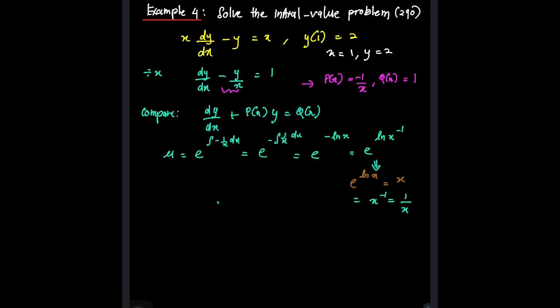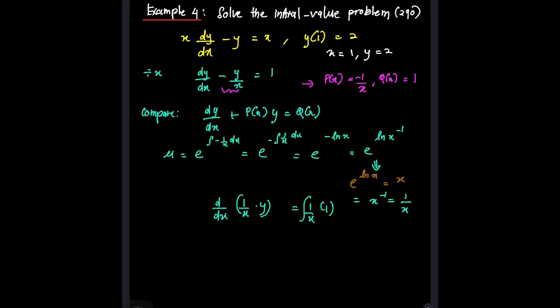The next step, you will have d over dx of 1 over x times y, equivalent to mu times q(x). So your mu is 1 over x times 1.